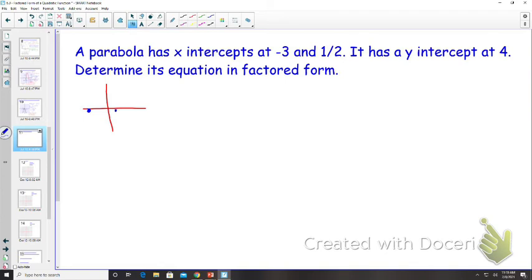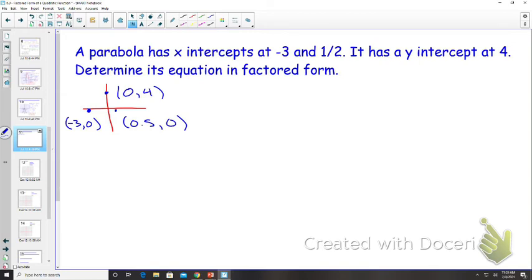Okay, so that means we have a point of negative 3 and 0, and 0.5 and 0. Okay, we also have a y-intercept at +4. So at the y-intercept, we have an x value of 0, okay? So 0 and 4 is going to be our other point, but other than that, we don't know anything, okay?